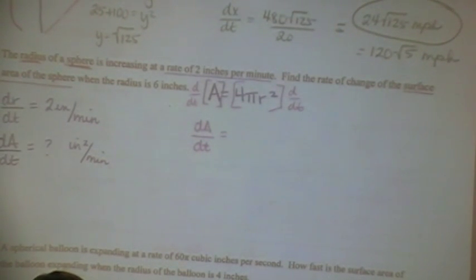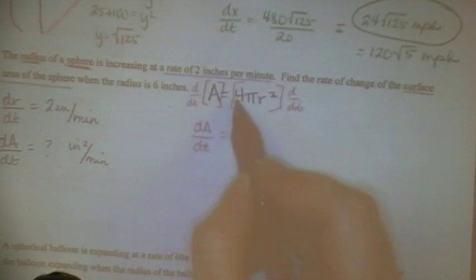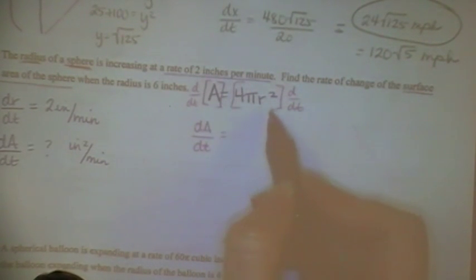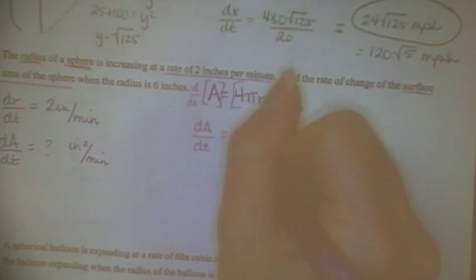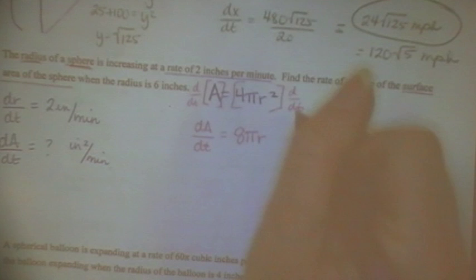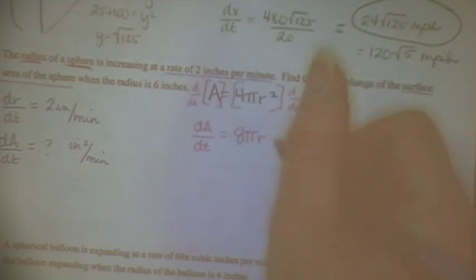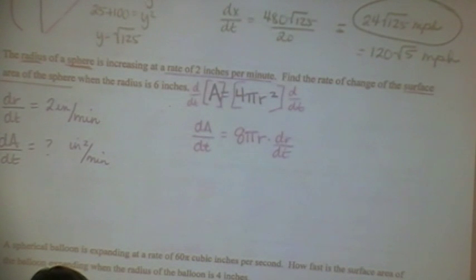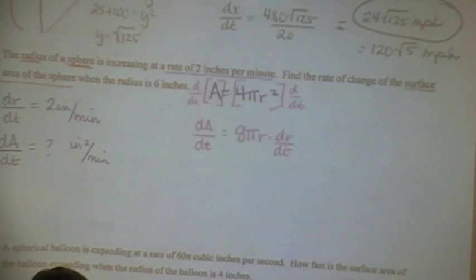So you do not have to product rule this because 4 is a constant. So 4 pi is all one constant. So you can just power rule this. So it's 8 pi r. But because we were doing this in terms of t, and r isn't t, you have to multiply by dr dt. Is everybody okay that far?